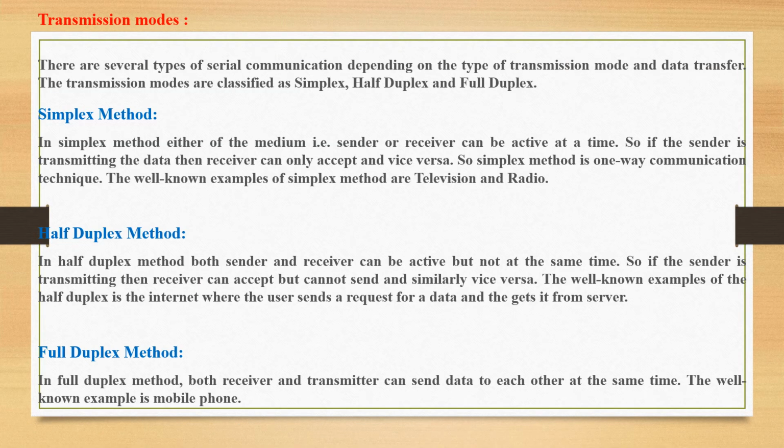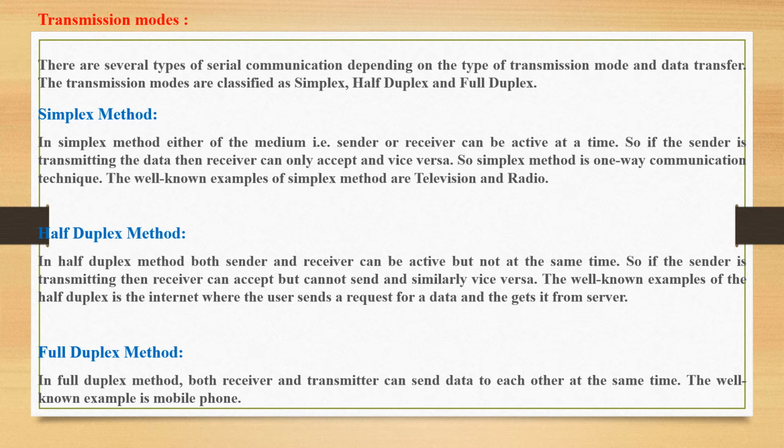Let's see other transmission modes called simplex, half duplex and full duplex. There are several types of modes available in serial communication. Depending on the type of transmission mode and data transfer, these are classified as simplex, half duplex and full duplex.